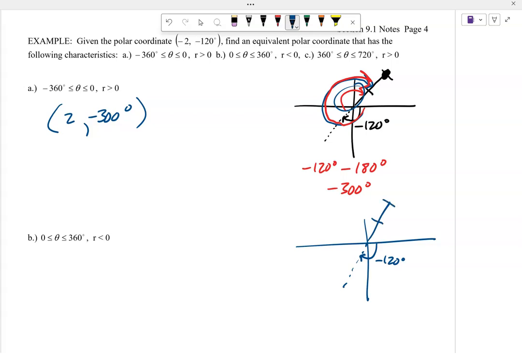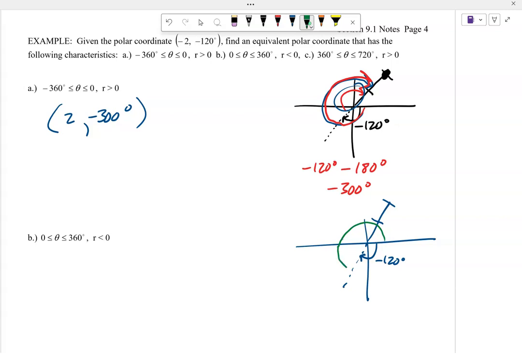Now let's do part B. Now I want a negative r, but a positive angle, right? So the question is, let's see, oh yeah, a negative r.